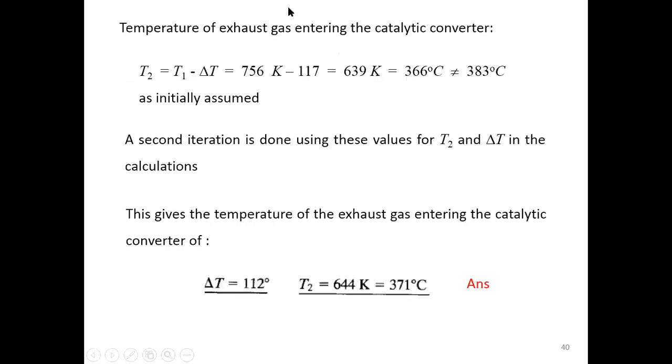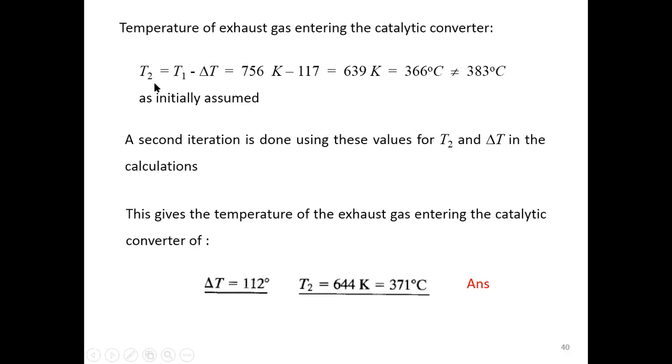Compared with before, we have what? 100. So it's still not quite correct. So we have to assume another exhaust gas temperature entering the catalytic converter. So for our new assumption, we will use the delta T that we found.